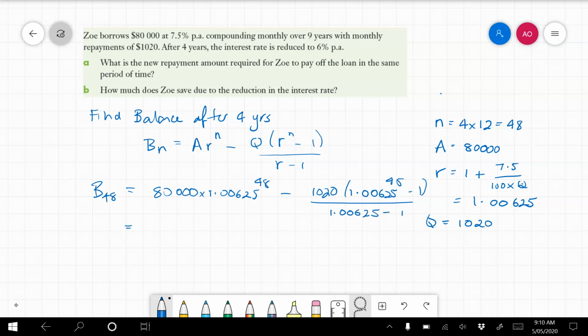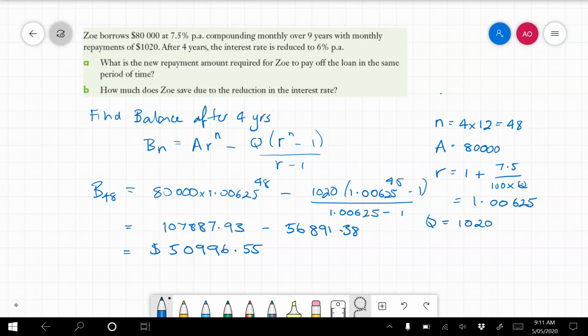I would do this as two sums so that it's simpler on your calculator. The first section becomes $107,887.93 minus $56,891.38. So the balance after 4 years is $50,996.55.